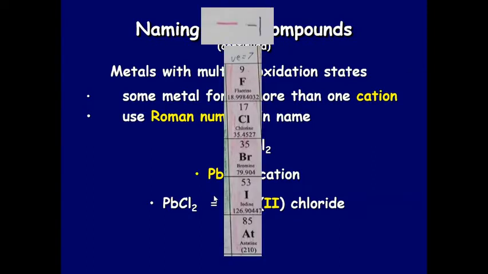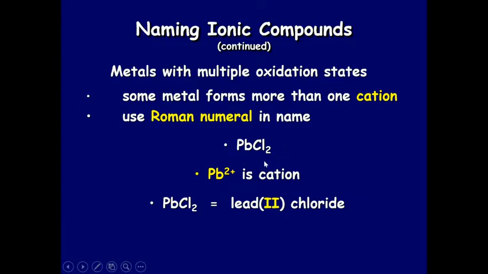The Cl we know has a -1 charge, and since we needed 2 of them, the formula tells us that we can figure out that the lead must have been a +2. So when we write out the name, we will use Roman numerals to represent that +2 charge. So the name becomes lead-2 chloride.